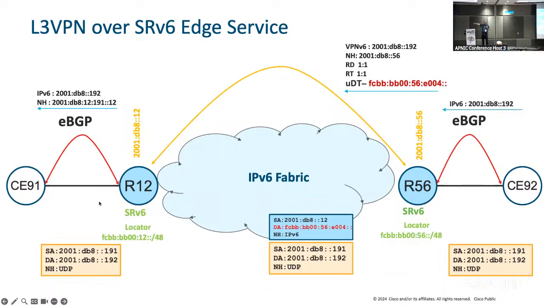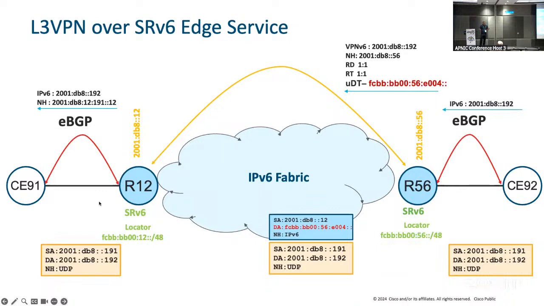What if in the core, one of the nodes, say I insert a node right now in the IPv6 fabric, only understands IPv6 and doesn't understand SRv6? Do you think the forwarding will be broken?